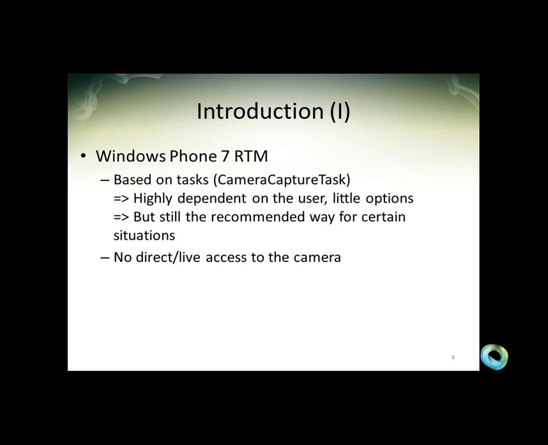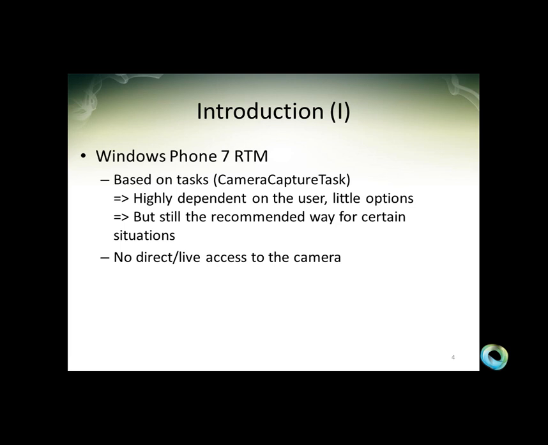Microsoft still recommends using the task, because it's simpler to use than embedding direct camera access, and it's also a benefit in low memory situations, which we will take a look at later, because the memory consumed by this capture task is not added to the memory consumption of your application, so this performs better in these situations.